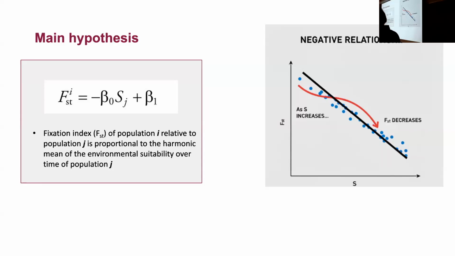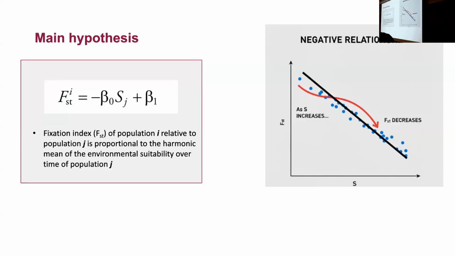If you have environmental conditions that remain all the time, you can expect that the populations are stable there, and that creates the balance of the forces that is enough to sustain the genetic diversity, because the population is stable, because the environmental conditions remain stable. So as this suitability remains stable along the time, the fixation index tends to go to zero.